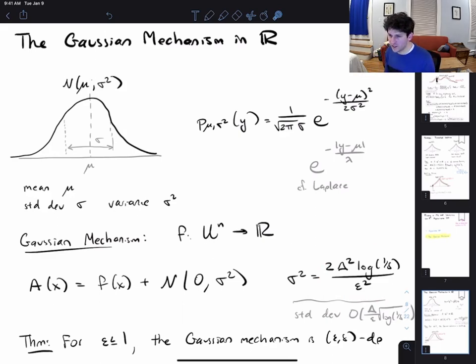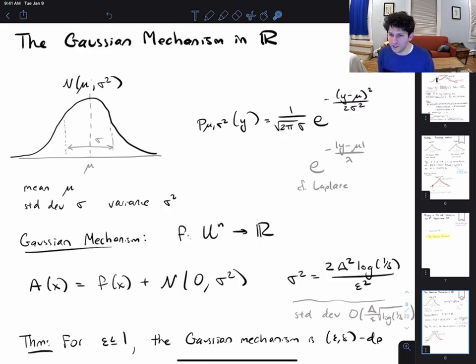Let's unpack that for a second. When we used Laplace noise, the standard deviation was proportional to sensitivity over epsilon. For the Gaussian mechanism, the standard deviation is also proportional to sensitivity over epsilon, but with this square root of log 1 over delta factor.